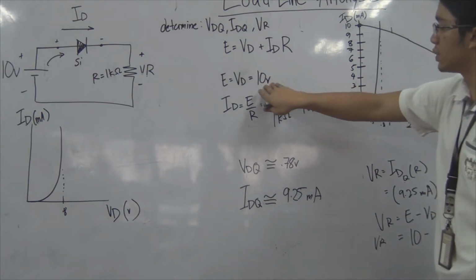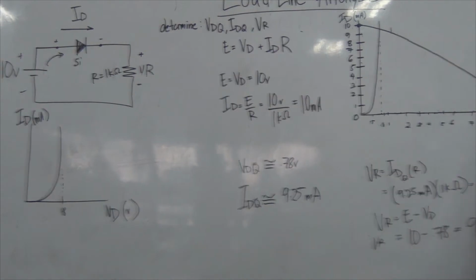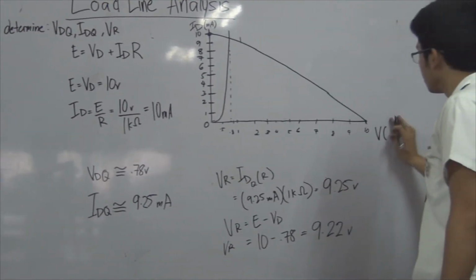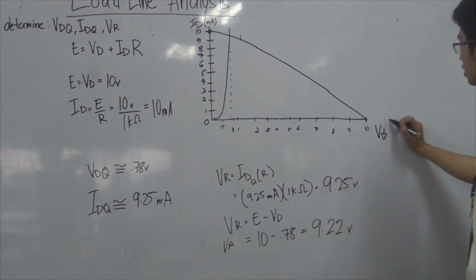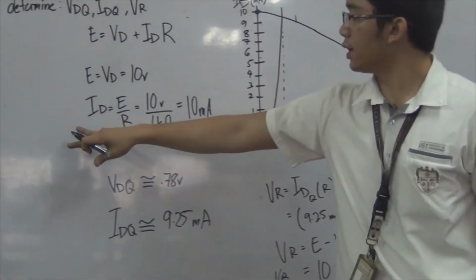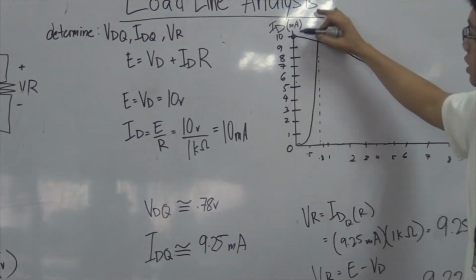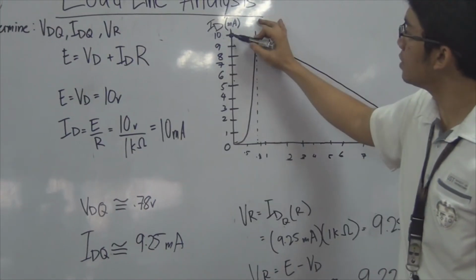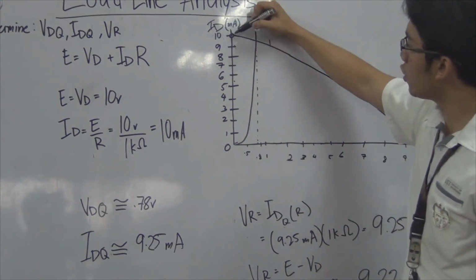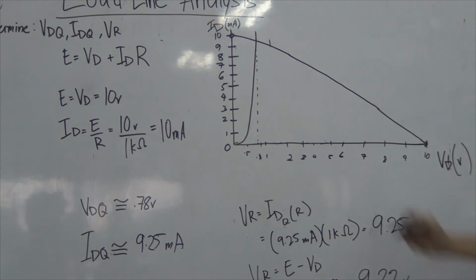So this 10 volts, we will plot on the horizontal axis, which is here. Then we will plot the magnitude of our ID on the vertical axis. This 10 milliamps is here. Then we connect the 2 points, creating our load line.